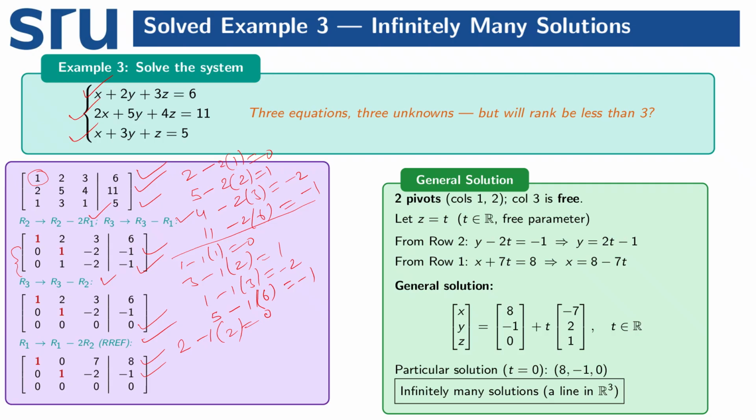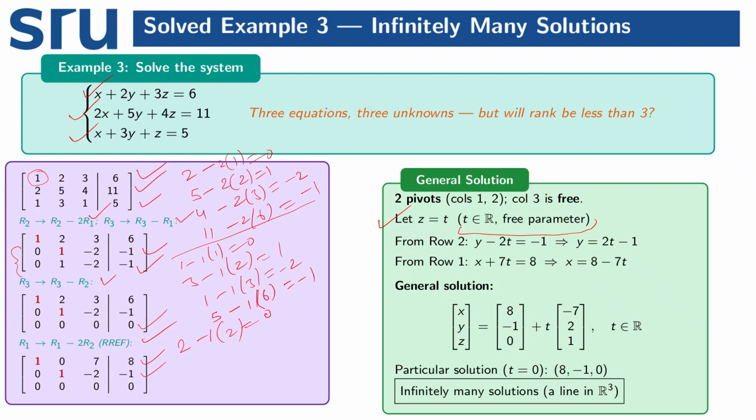Let us assume z equal to t, where t is any real number. This t is called a parameter. It is a real number only.